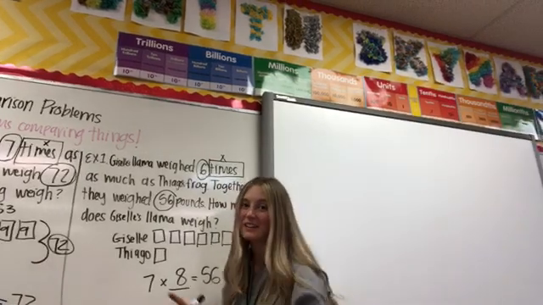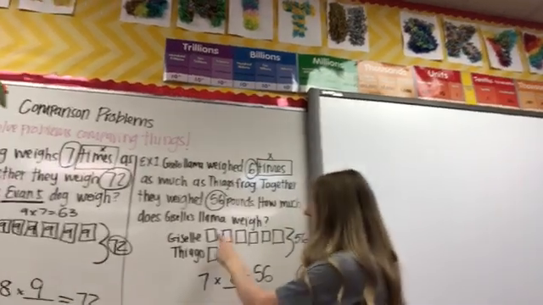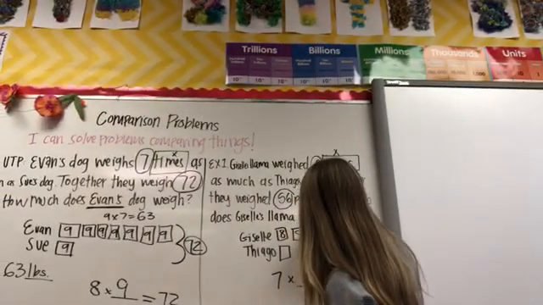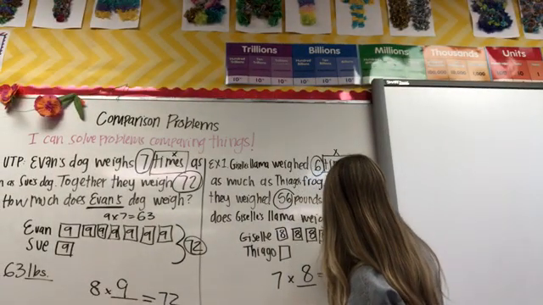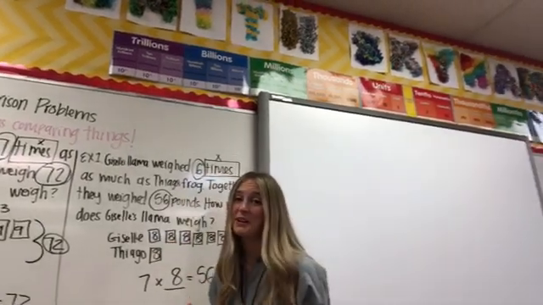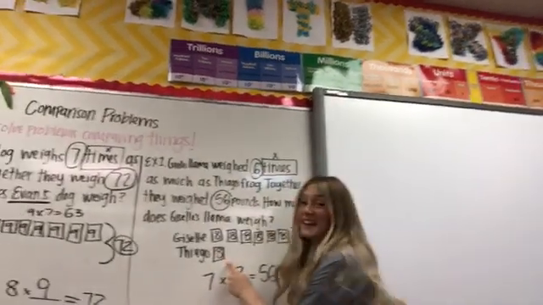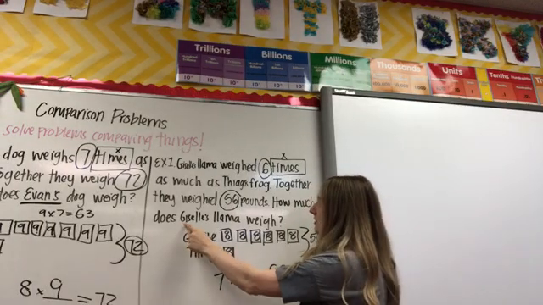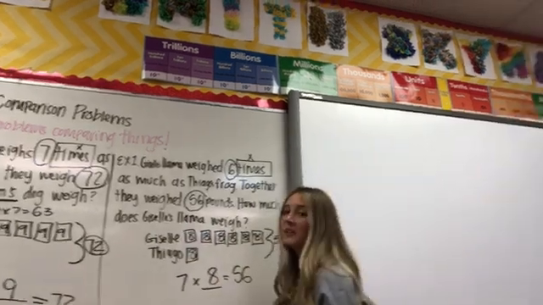Hopefully you know your facts. If not, you can look on your sheet. All right, so I know that each box now weighs 8 pounds. So I'm going to give 8 to each box. So we know that Thiago's frog, this must be a really big frog, weighs 8 pounds. That is a big frog, right? So now our goal is to figure out how much Giselle's llama weighs. So now we can see it.